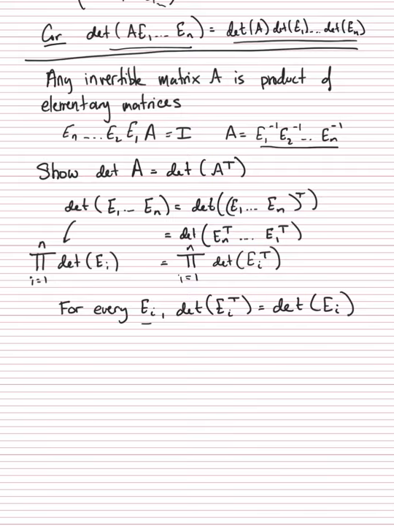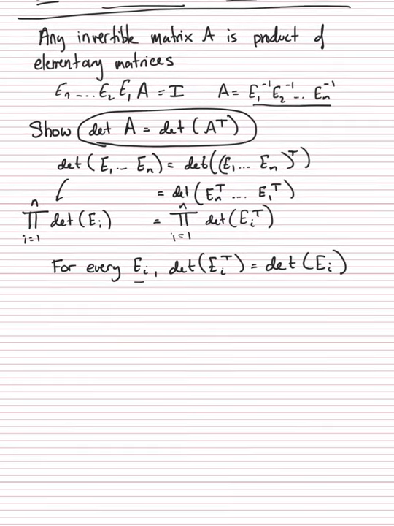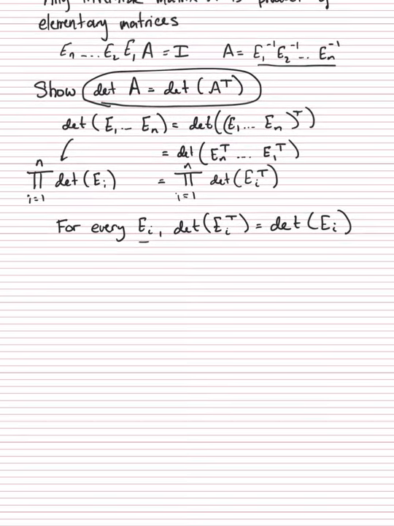But I think it's kind of nice that you get basically a totally non-obvious theorem just from knowing a couple of the properties that a determinant function would have to satisfy. And in an exactly similar way, you also get that the determinant of AB is equal to the determinant of A times the determinant of B.